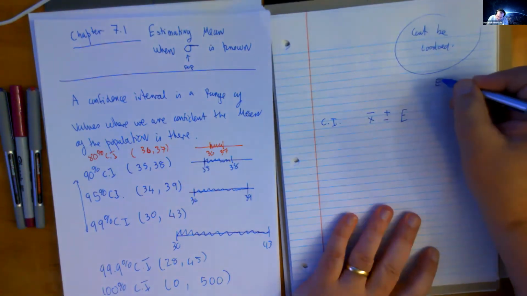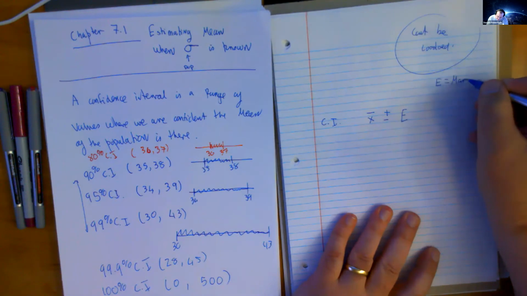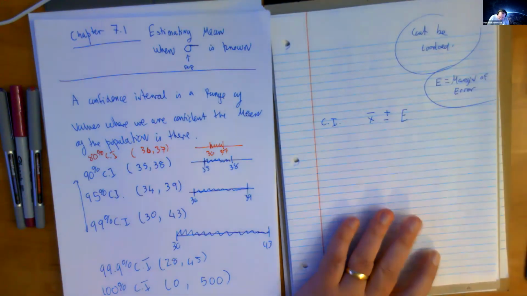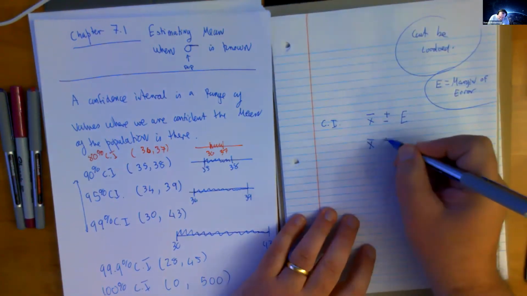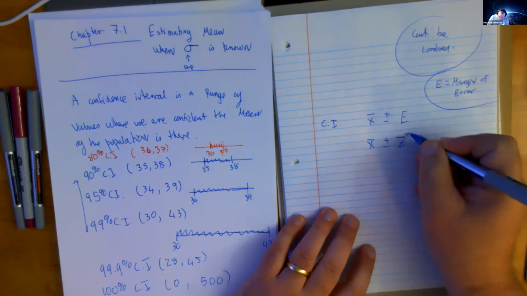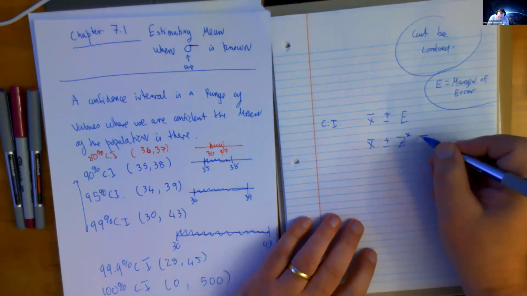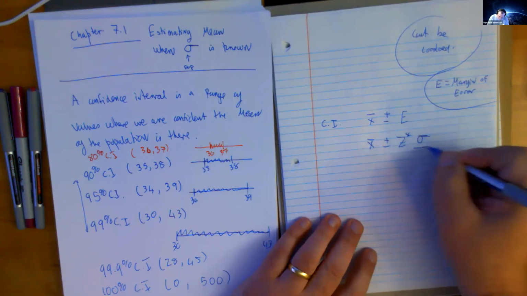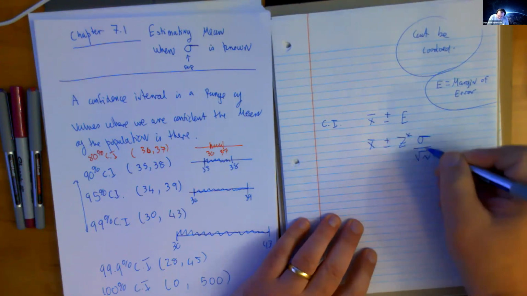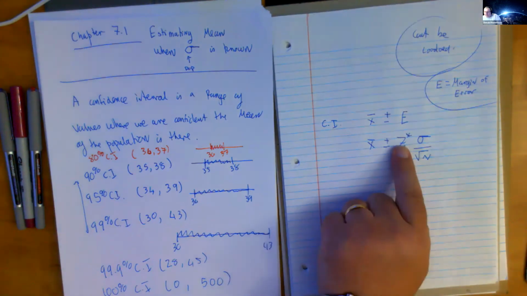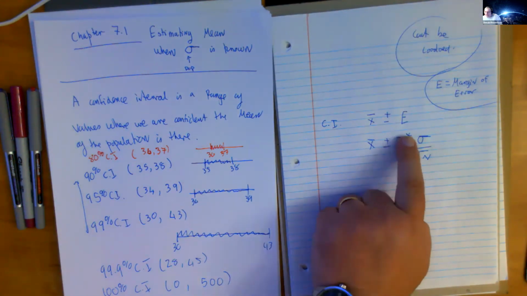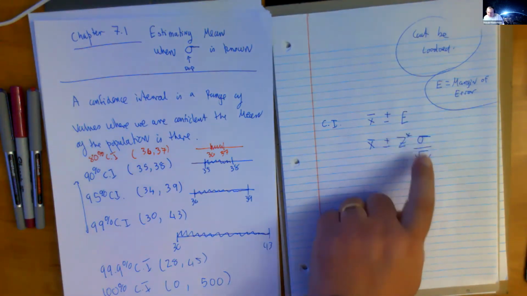E is called the margin of error. And the margin of error is equal to this weird fella called Z star sigma over root n.